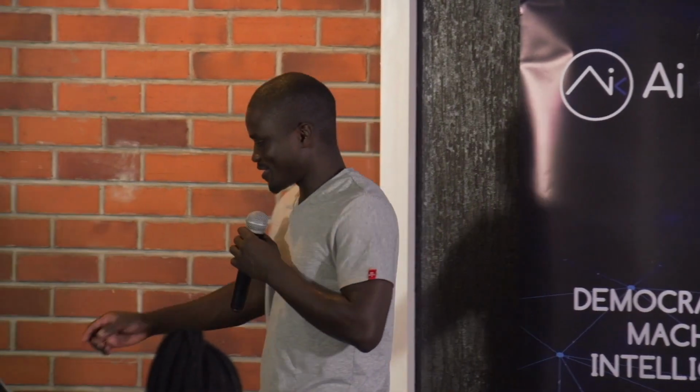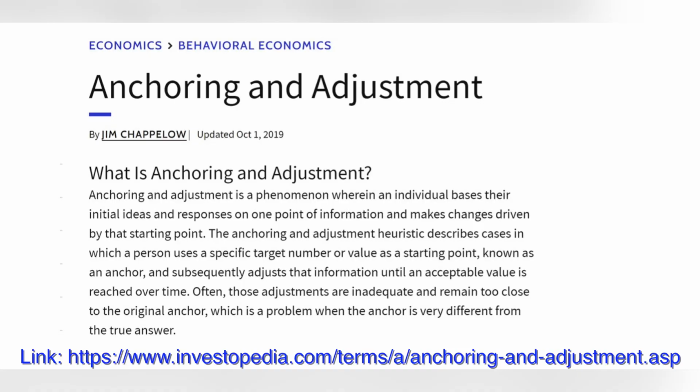This is this whole concept of Bayesian reasoning. In behavioral economics, they call it anchoring and adjustment. When you go and one person has given 1,000 shillings, that 1,000 shillings becomes the anchor. People will always contribute within that 1,000 shillings.